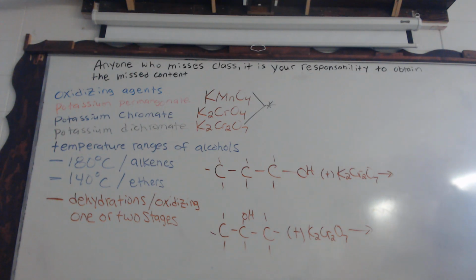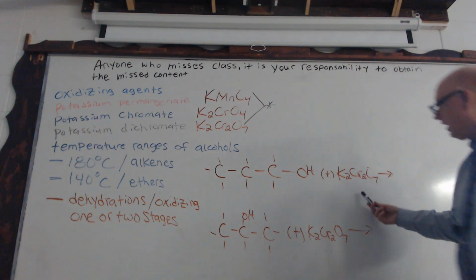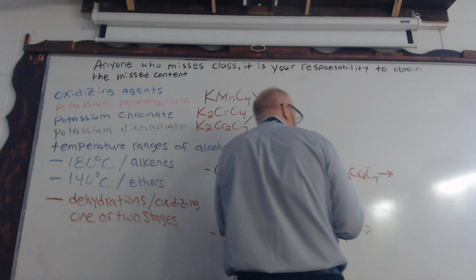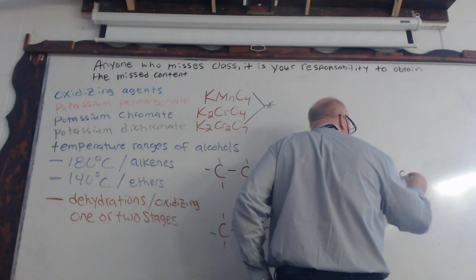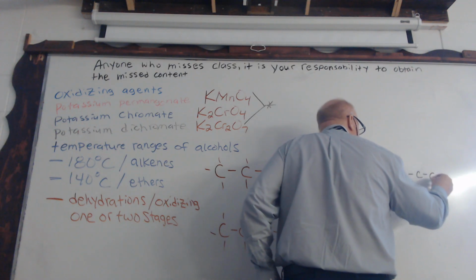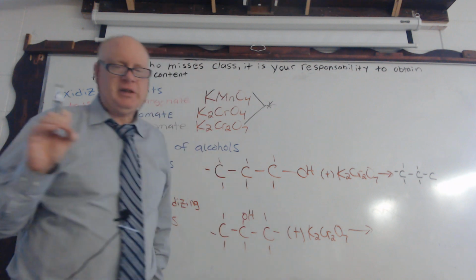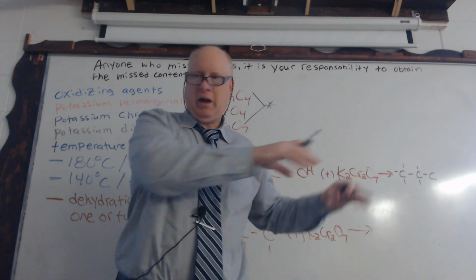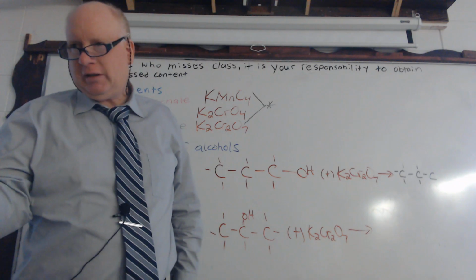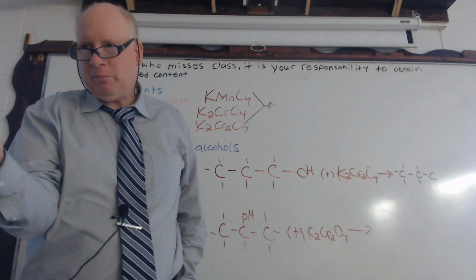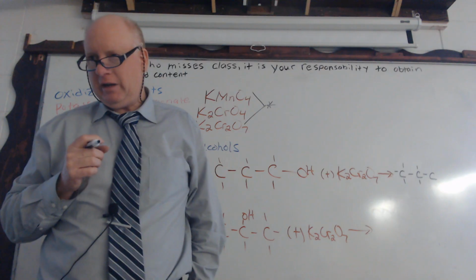Okay, so with that, which one would appear to be a little more complex? It would be the primary, and that is because in stage one, what can you interpret that's going to happen with this compound? It doesn't specifically say what happens, but it shows you what the organic family is, I believe.